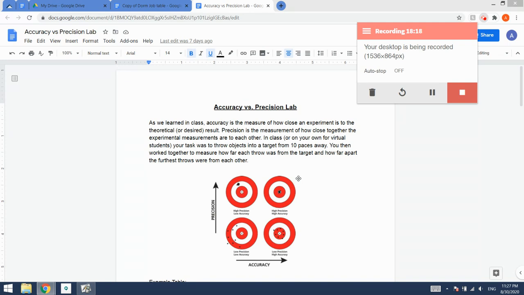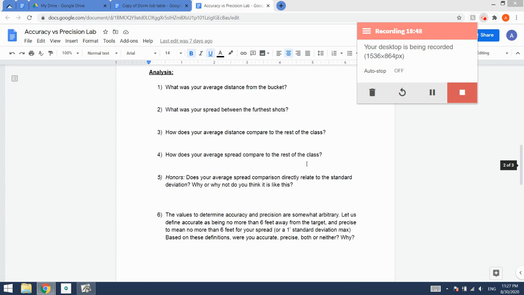You can use a wad of paper and a trash can, or mark a little circle on the floor, without drawing on it, and use pieces of paper there, or bean bags, or pretty much whatever you have available to you that you can use. So that is the lab.